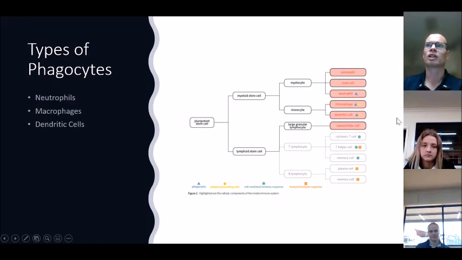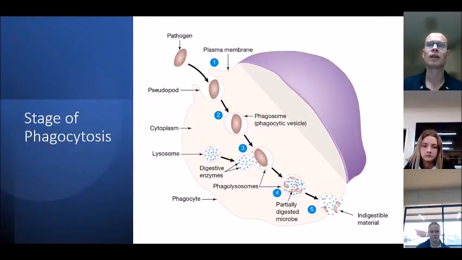Your types of phagocytes, they're the ones with the blue triangles in this diagram, and the neutrophils, which was in that video, macrophages and dendritic cells. And these are the stages of phagocytosis. So you've got the pathogen, it makes this pseudopod, it encloses it in a vacuole, your lysosome fuses with it with the digestive enzymes, breaks it down, and then spits it out. Thinking about membrane transport, what is that process?